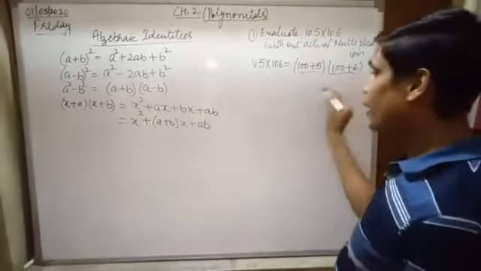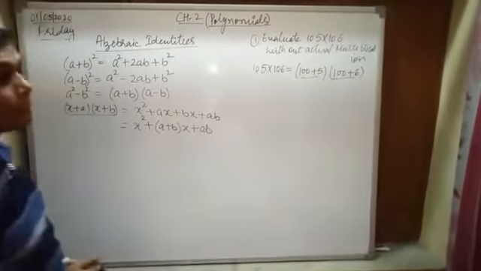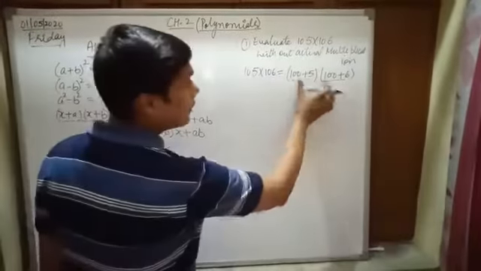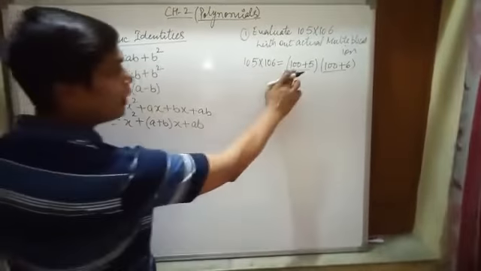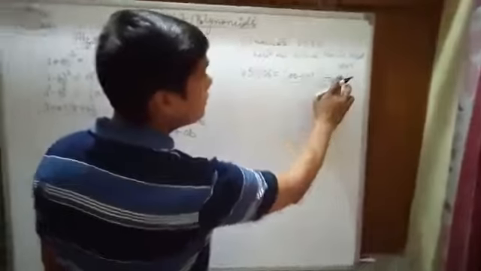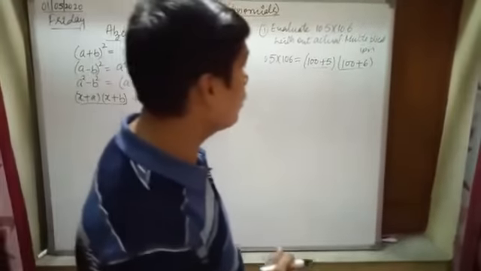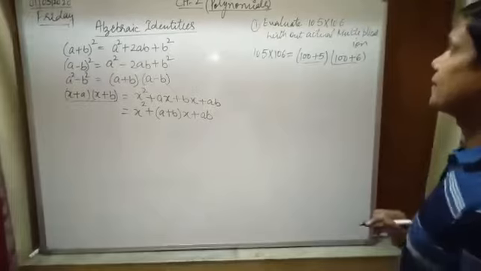This and this both are the same. We can use the formula (x plus a)(x plus b) here, where x is equal to 100, a is equal to 5, and b is equal to 6.